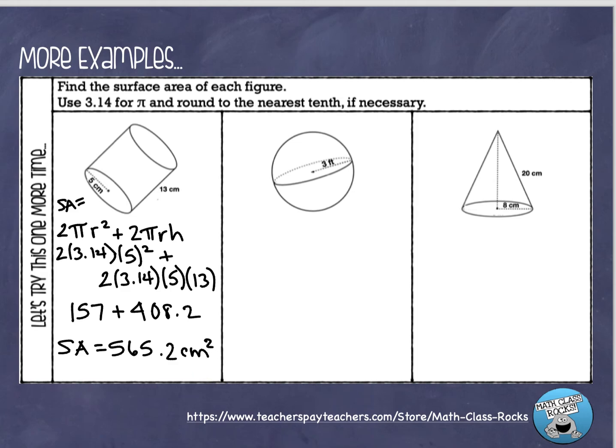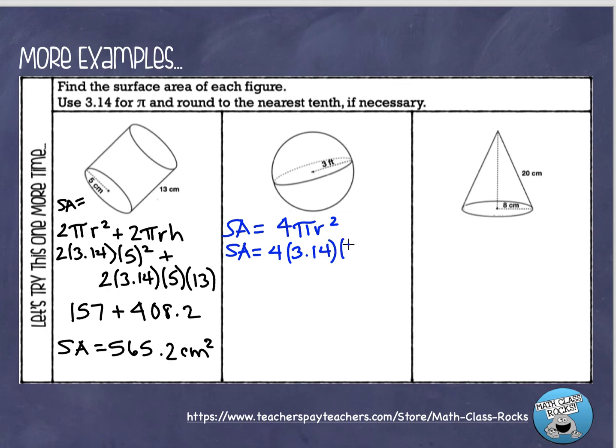All right, next one. This time we have a sphere. So our surface area formula for the sphere, I'm just going to copy it down, and that is 4 times pi times the radius to the second power. All right, here we go. Let's fill in some numbers. So 4 comes down. Pi is 3.14.